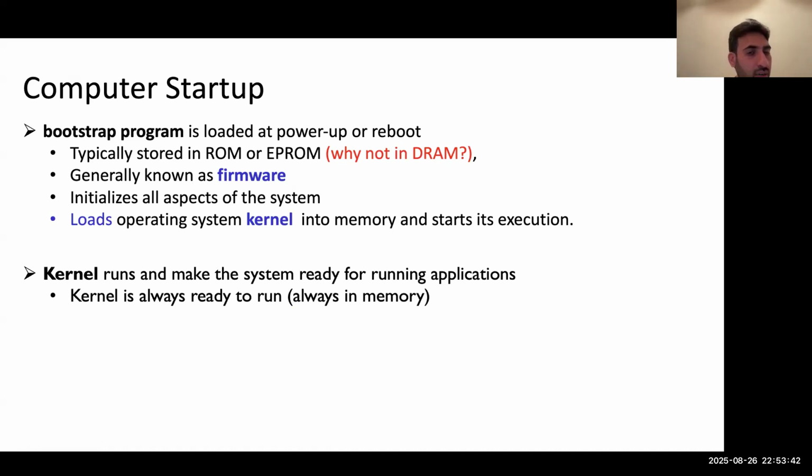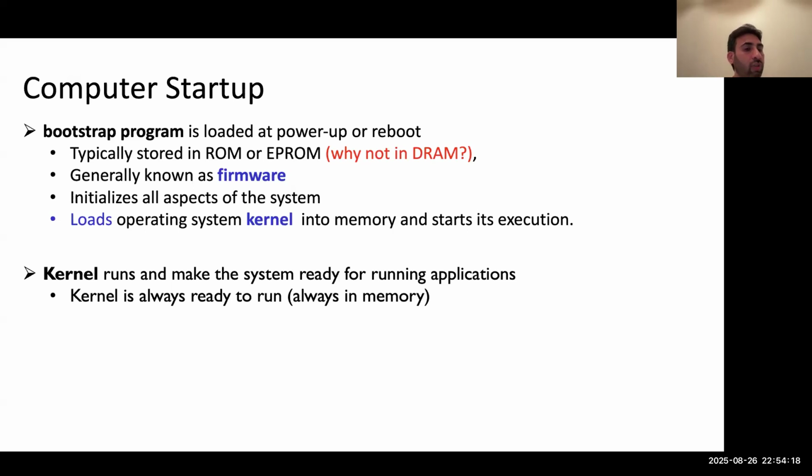When we say that the kernel always resides in memory, it means that as long as your machine is running, your kernel will never be kicked out of the memory into disk. If you have user applications and there is a situation where you don't have enough memory, those user applications will possibly be kicked out from the memory and placed onto the disk, and then loaded again when space becomes available in the memory.